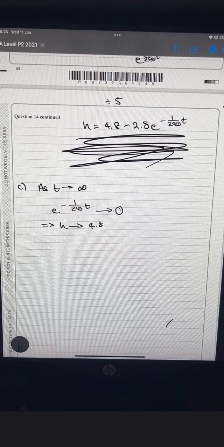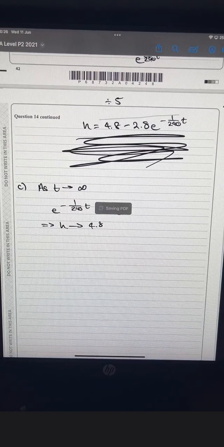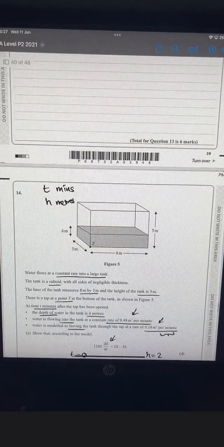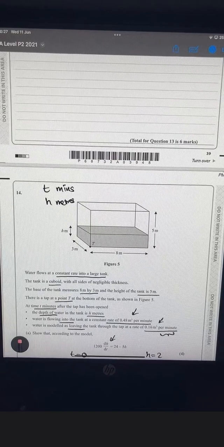So that's what my height could become if the tap remains open. Now, does that mean that this tank will ever become full? Let's check. What is the maximum height of this tank? I'm going to go back up to the picture and see that the height of this tank is 5 meters. It's only going to go up to 4.8 meters in total. The hint for this is you still haven't used this 5 meters.